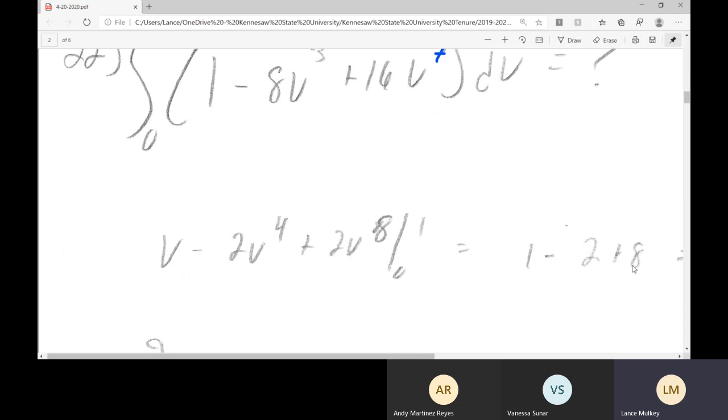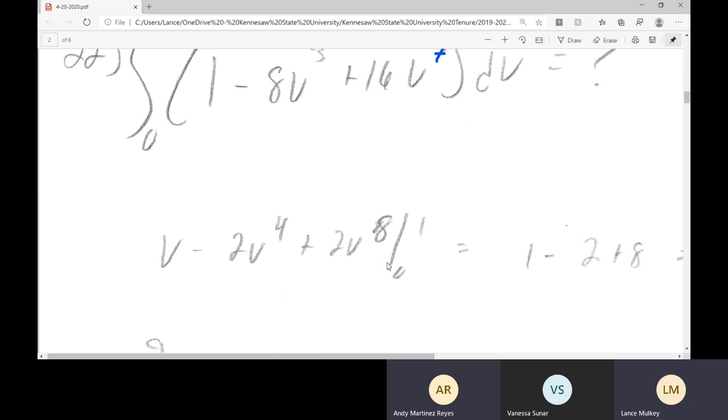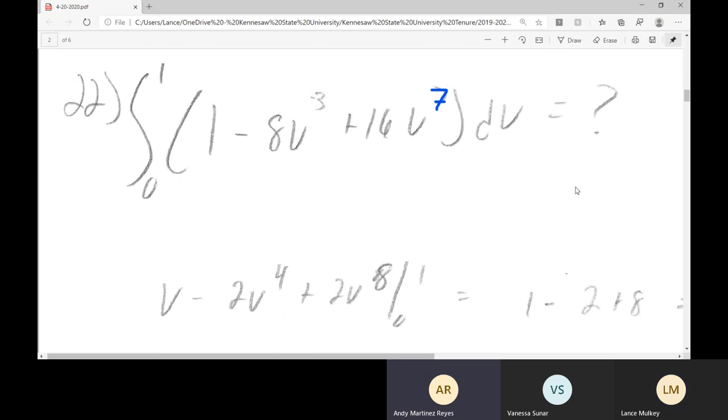All right. I'm gonna go through this real quick. When you take the antiderivative of this, you get v minus 2v to the 4th plus 2v to the 8th from 0 to 1. With these, you can leave out the plus c because when you do f of b minus f of a, the c's subtract each other. Oh shoot, okay, I messed up.